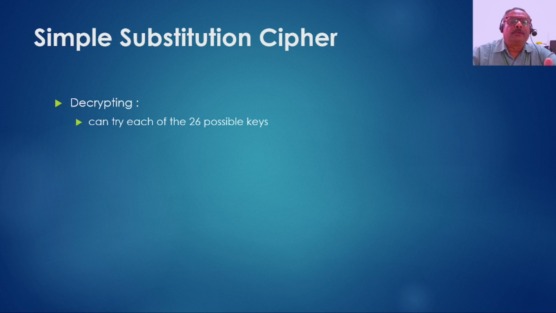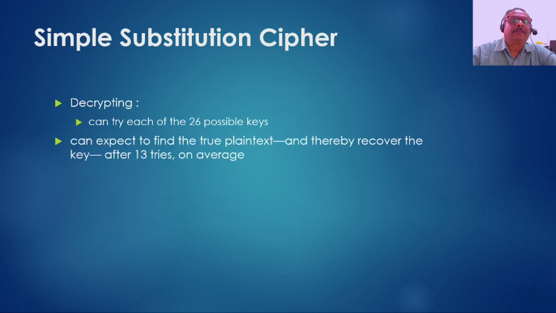So n equal to 1, n equal to 2, n equal to 3, we can try all possible combinations and can expect to find the true plain text and thereby recover the key with somewhere 13 tries on average.